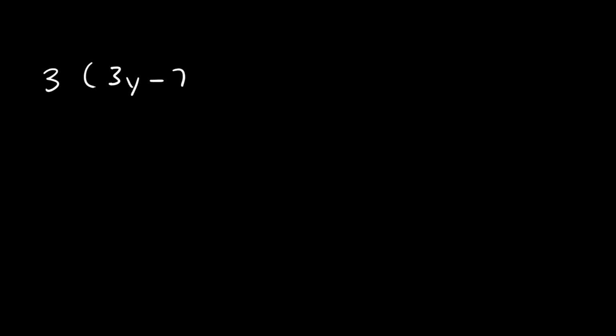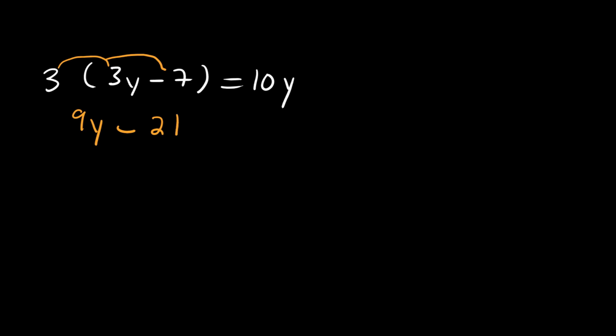3 times the quantity y minus 7 equals 10y. Alright, so first thing we need to do over here is look inside the parentheses. There are no like terms. So now we have this 3 outside of the parentheses, so we need to distribute it to 3y and minus 7. So 3 times 3y will give you 9y. 3 times negative 7, that will be negative 21 equals 10y.